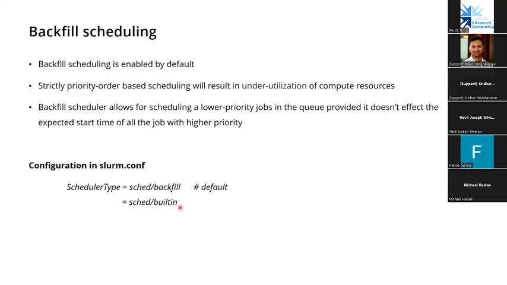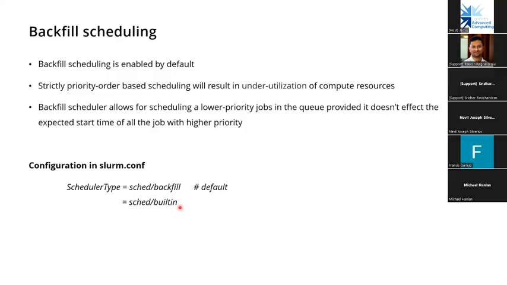What backfill scheduling essentially does is, every once in a while, it looks for lower priority jobs in the queue. We can define how long it needs to look into the job queue for backfilling.